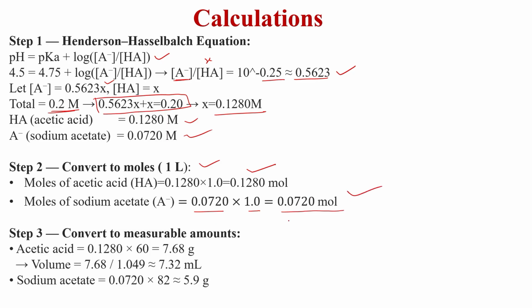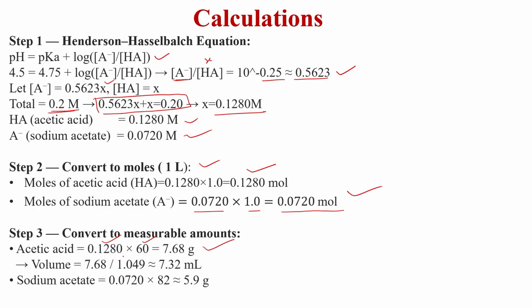Okay, now we have to convert them into mass, that is, measurable amounts. For acetic acid we have 0.1280 mole of acetic acid into the molecular weight of acetic acid, which is 60. So this will be equal to 7.68 gram.